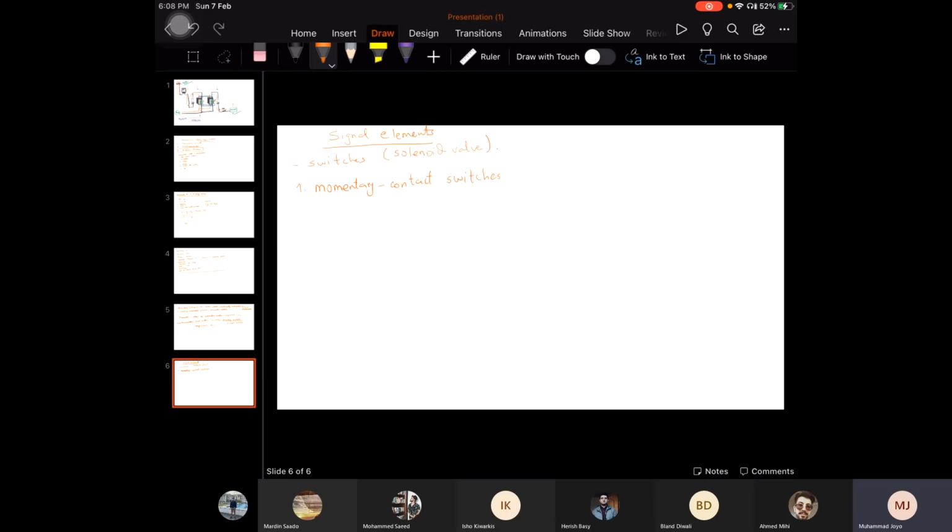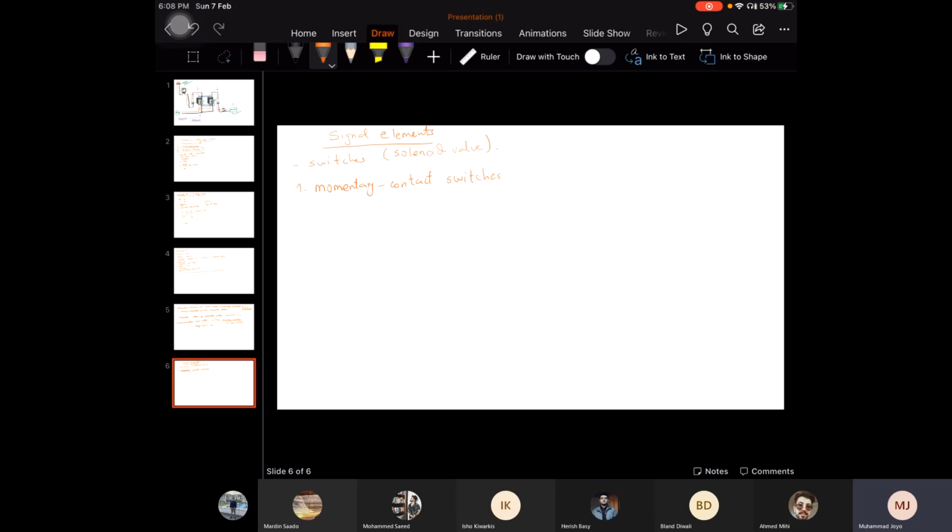This kind of switch is used in applications where the switch setting is maintained only as long as the switch is being actuated.